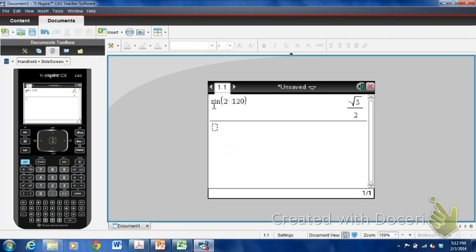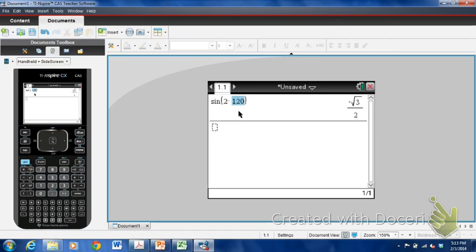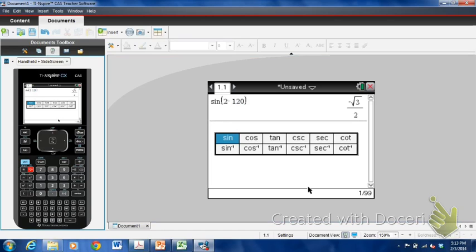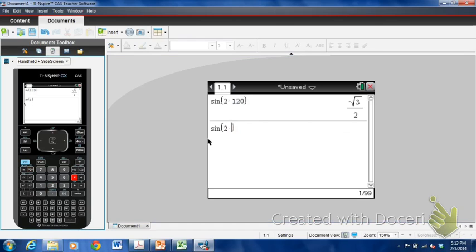Now plug in 150 for theta. The sine of 2 times 150 comes out to also negative root 3 over 2.